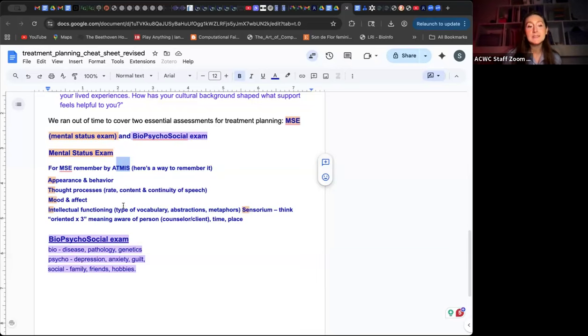While you're doing the MSE, there are their thought processes, so like how fast or slowly are they talking? What content are they talking about? The continuity of speech, right? I don't know if y'all have had this experience, but sometimes you can definitely tell just by how someone's talking that something needs to be checked into, right?